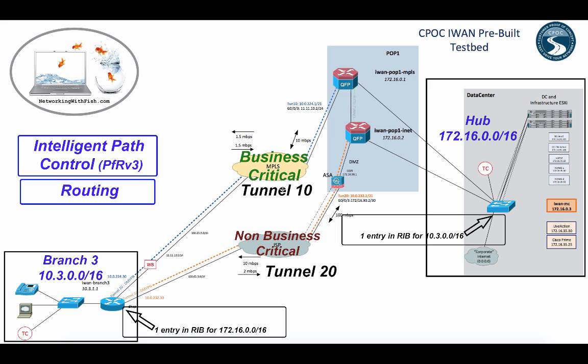Now, how do we use tunnel 20 to get to 172.16.0.0/16 if it's not in the RIB? Well, that's pretty much what intelligent path control comes in for. So if we do intelligent path control, we can use that not only for the business critical, the EF, the AF41, the AF31, or whatever you decide.